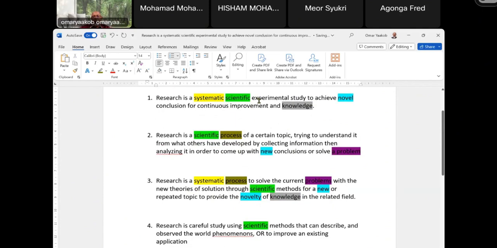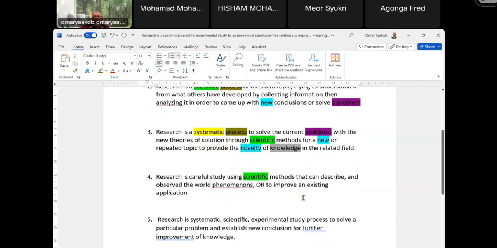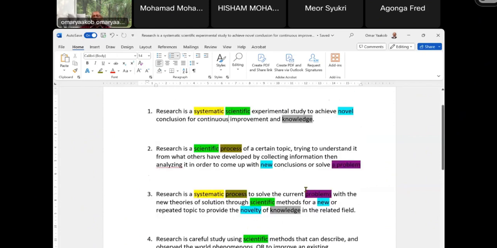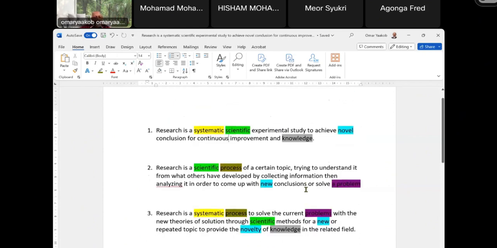Nothing about problem, for example, nothing about what else? It has 1, 2, 3, 4. So I leave it to you. Actually, this is your definition, because later I'm going to show you the previous classes' definition, and you see whether yours is really similar to theirs or not.